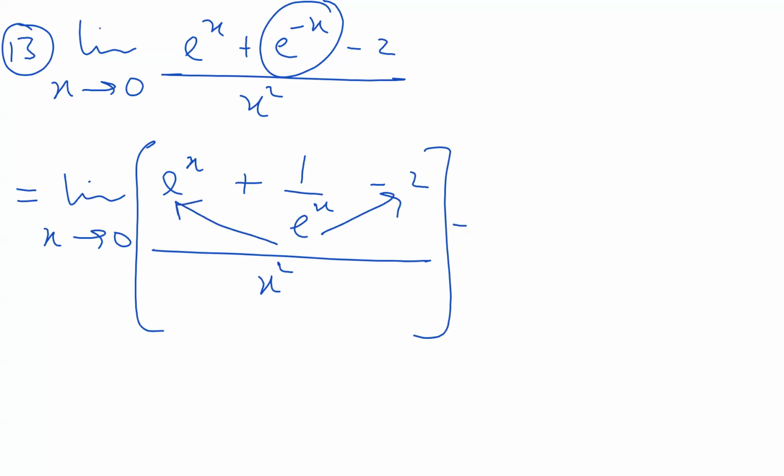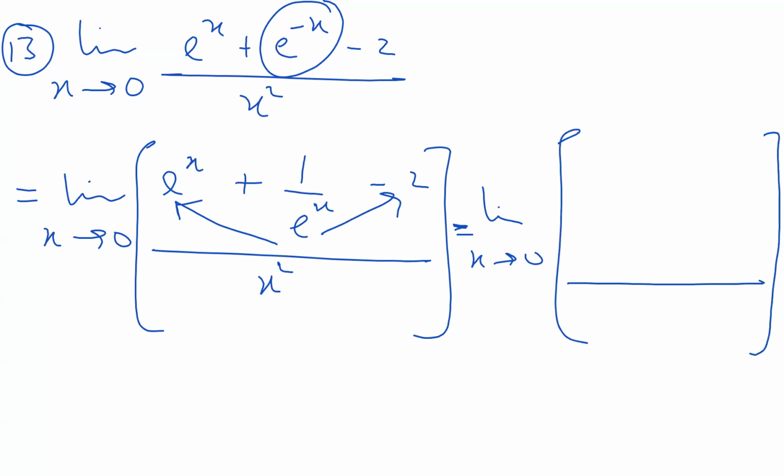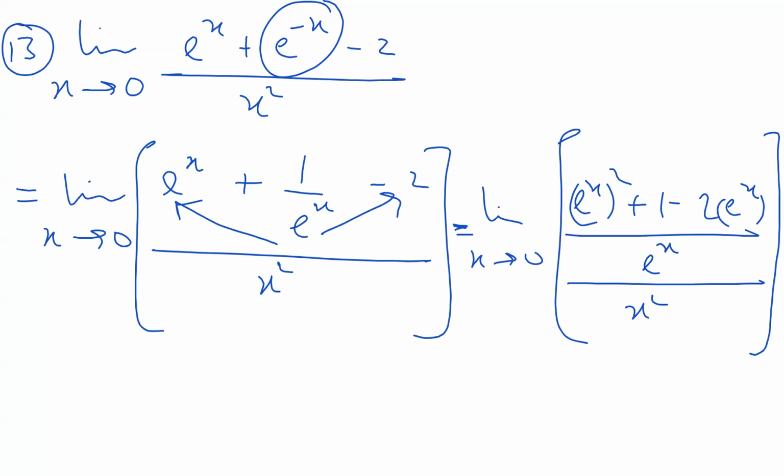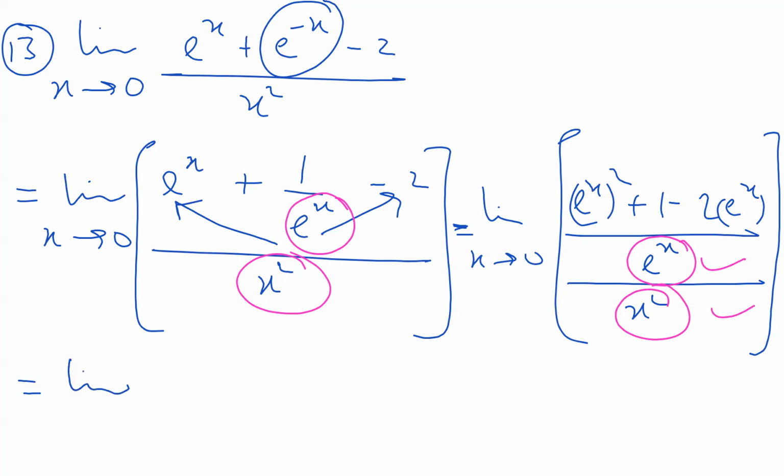LCM. This is the denominator. So this is also the denominator. And this is already the denominator. So these two terms will remain with each other. They both are the denominators.